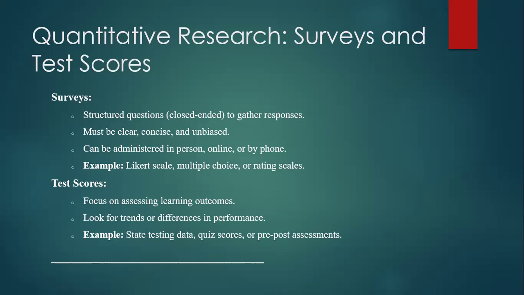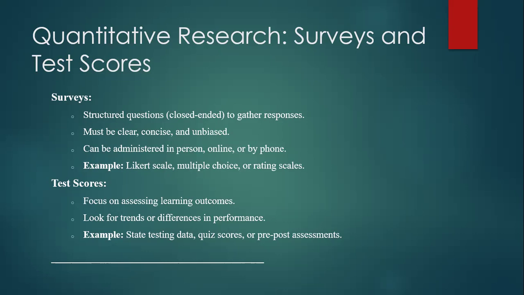Your surveys can be administered in person, online, or by phone. There are quite a few tools out there that you can use, and we'll talk about that a little bit later. But generally, these are different ways you can do your surveys. An example of a survey is a Likert scale, where you pick between, say, 5 choices.